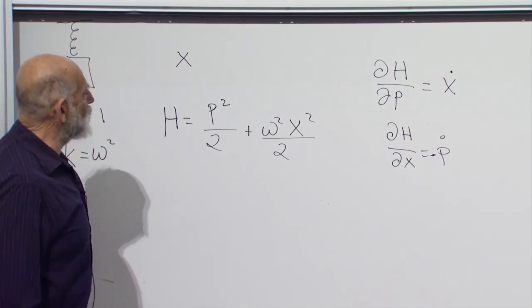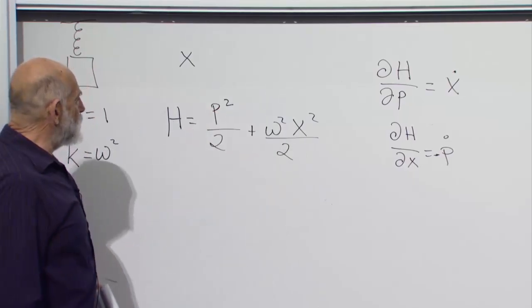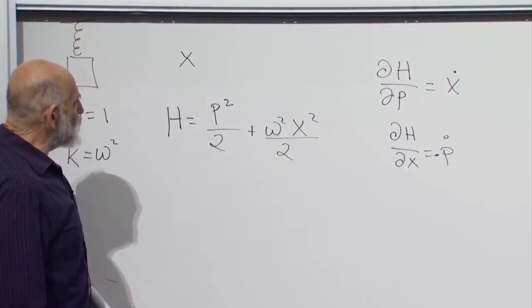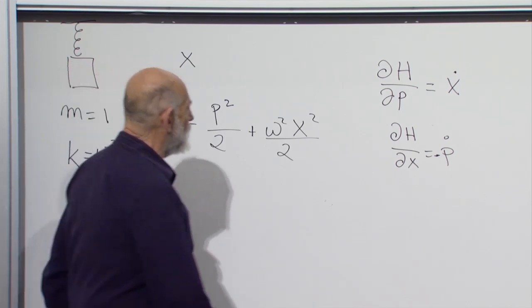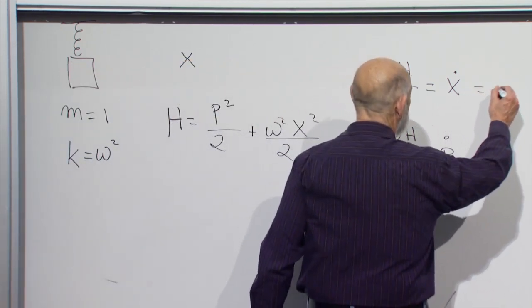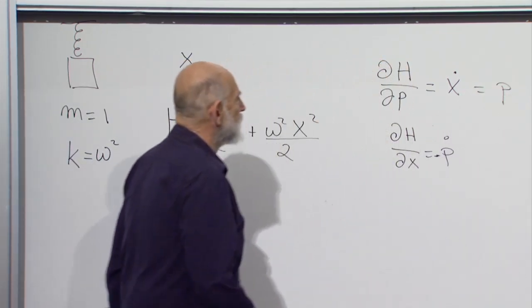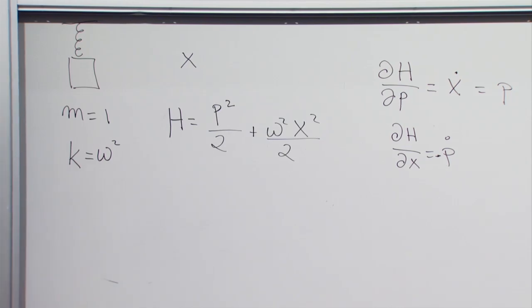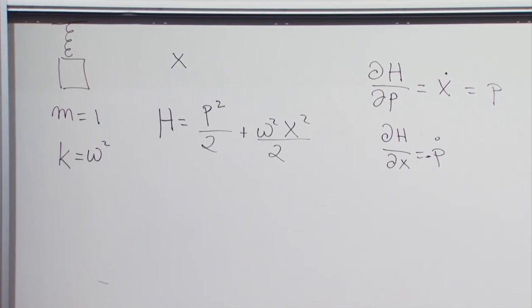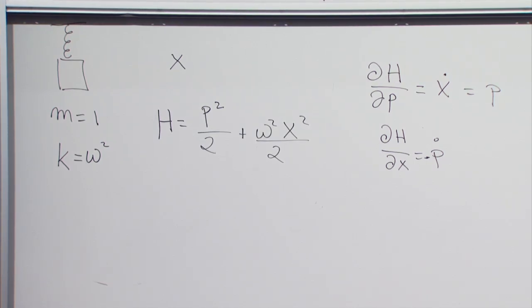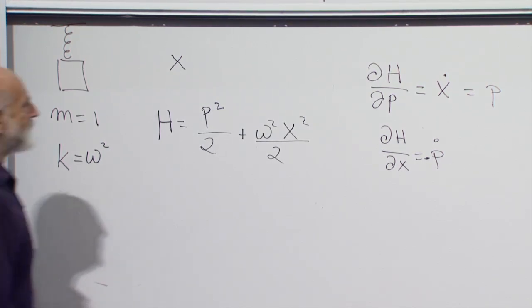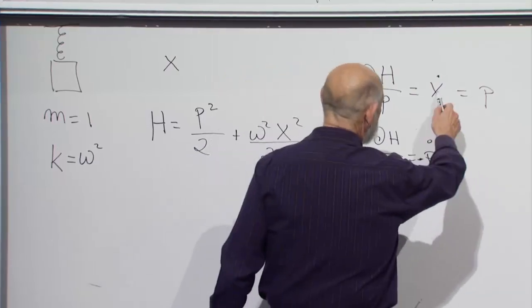Okay, let's see what we get. dH by dp is equal to x dot. dH by dp is p. So this says that p equals x dot, right? That's not too bad. Momentum is equal to velocity. What happened to the mass? Oh, I set the mass equal to 1. So that's okay. It's all right. I'm a physicist. I'm allowed to do that. p is equal to x dot.